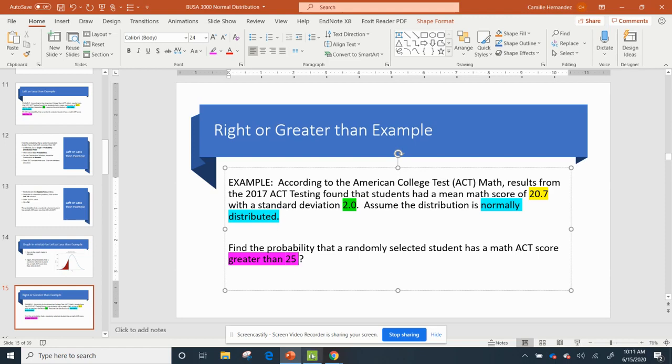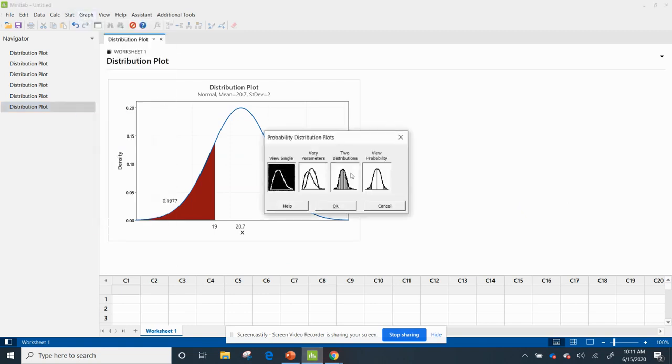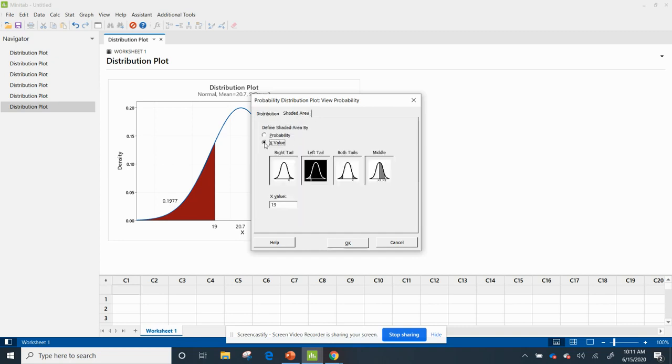So let's see how we do that in Minitab. And again, the slides have how to do it if you forget. Graph, probability distribution plot. Click on that and hit OK. So again, I've got my mean is 20.7. My standard deviation is 2. Shaded area. Again, I want the X value highlighted. And then I'm going to do right-tailed for this.